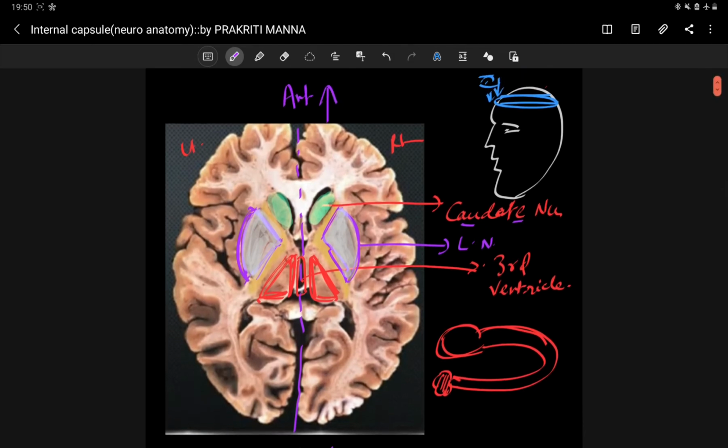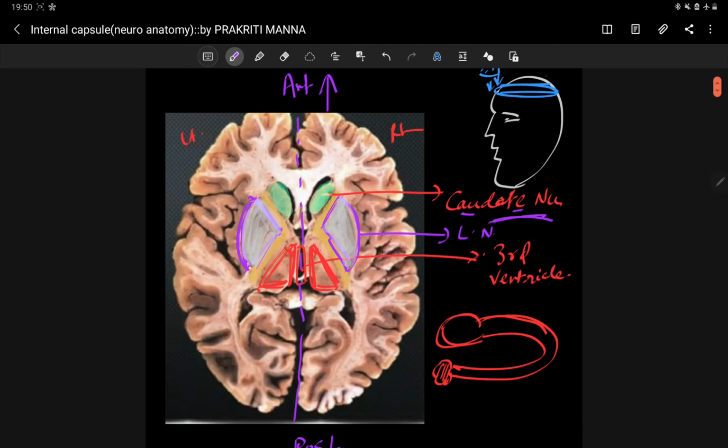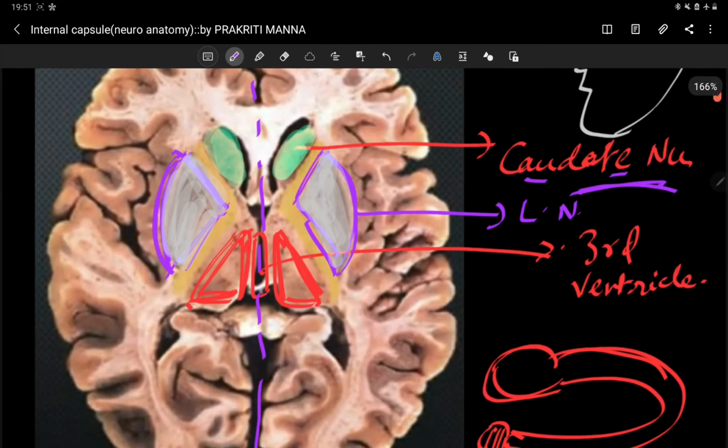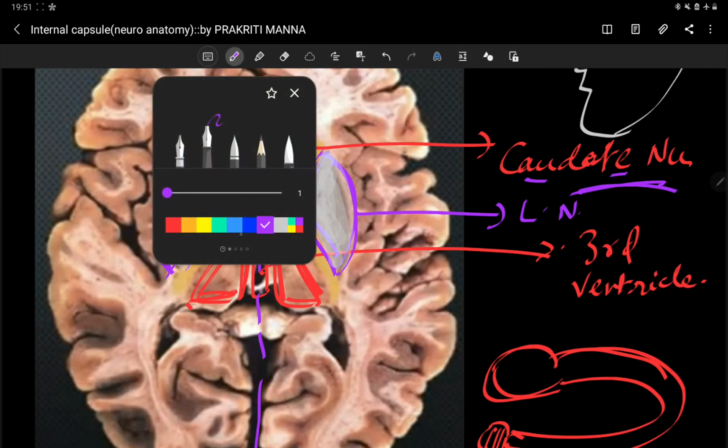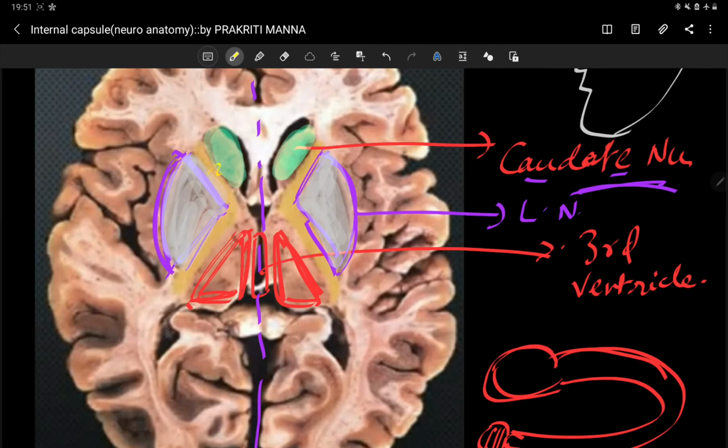The caudate nucleus you can see here is anterior. And can you tell me about these yellow colored fibers? They are related internally to your lentiform nucleus, and these fibers are called the internal capsule.